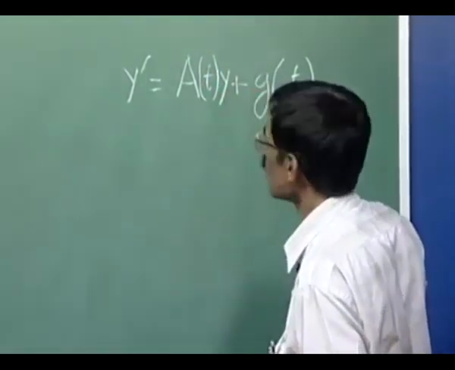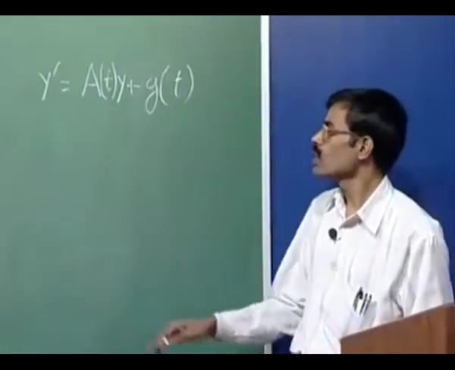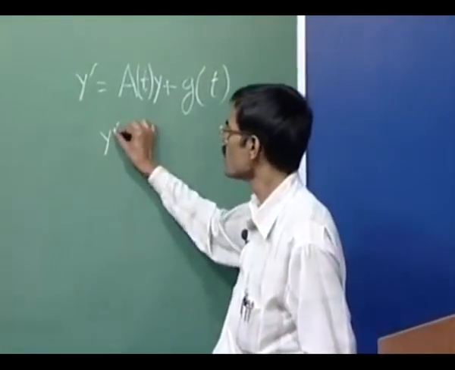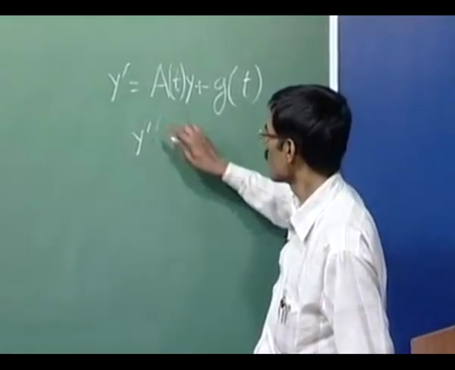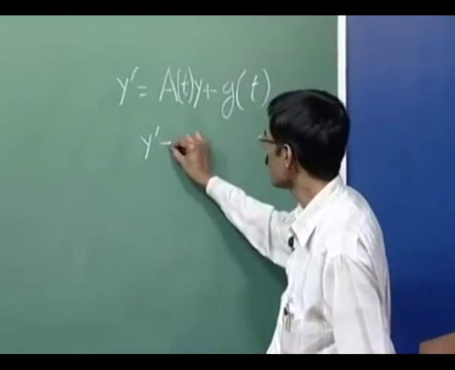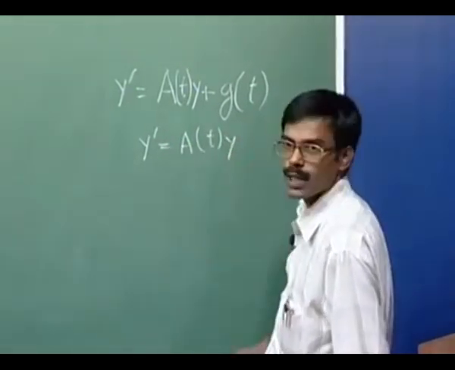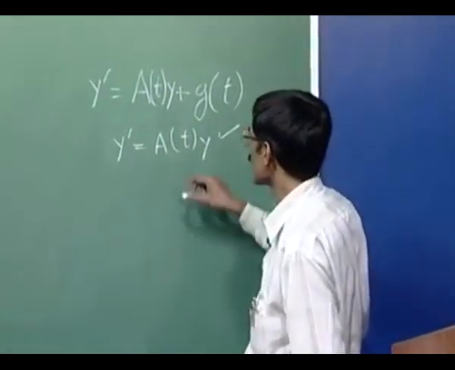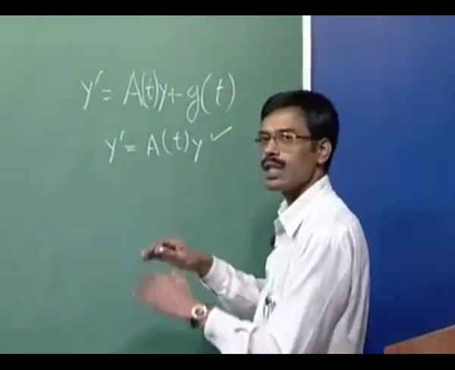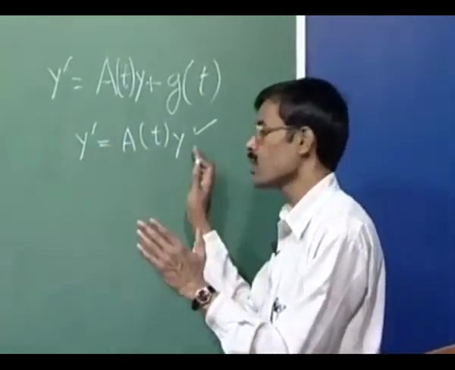The only requirement is, of course, that beforehand we have solved the corresponding homogeneous system y prime equal to A(t)y, and we have listed out all its basis members, the basis members of all its solutions.